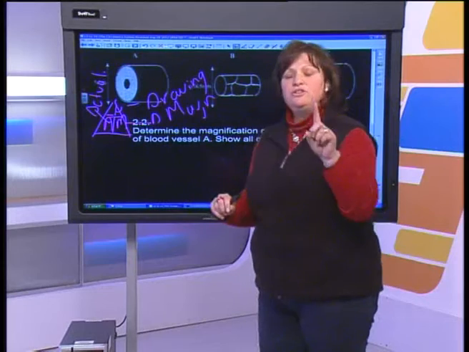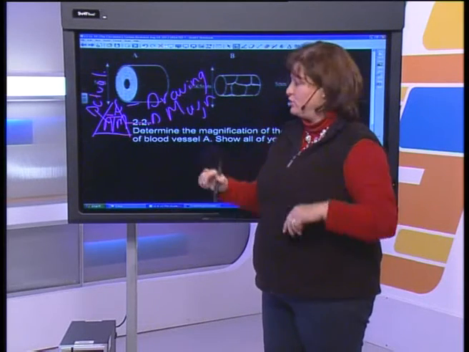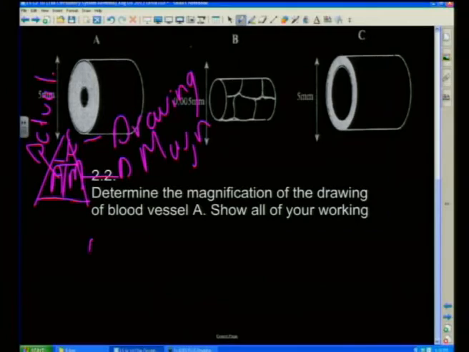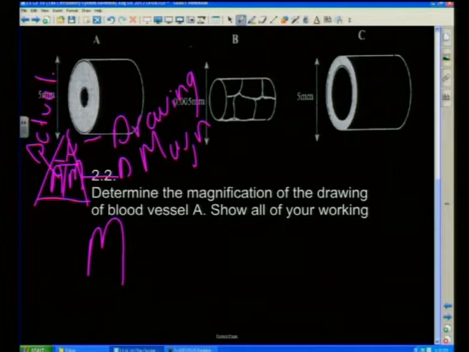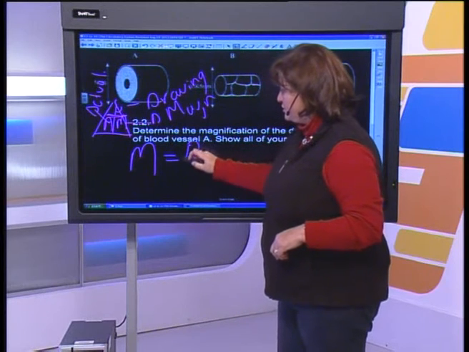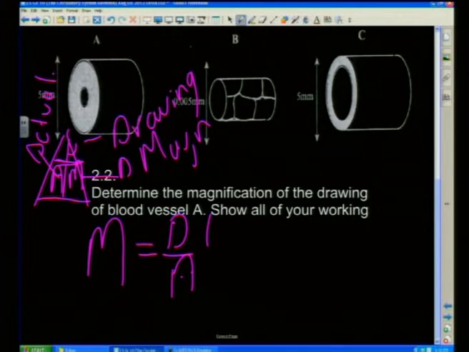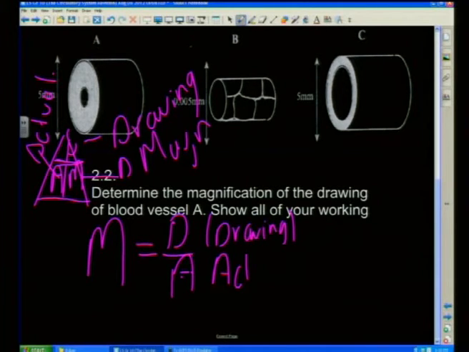Now, if I've asked you the question over here, show the magnification of blood vessel A, you need 2 things in order to give magnification. So, what is magnification? M equals, look, that's a divide sign, D over A. What's my D? That's my drawing. What's my A? That's my actual.